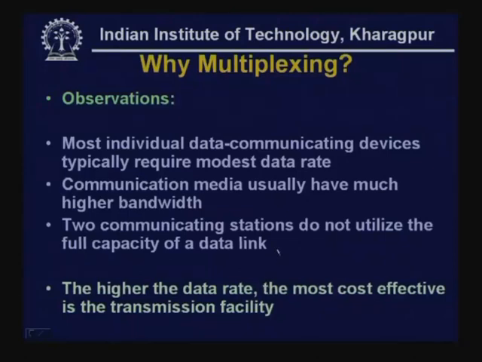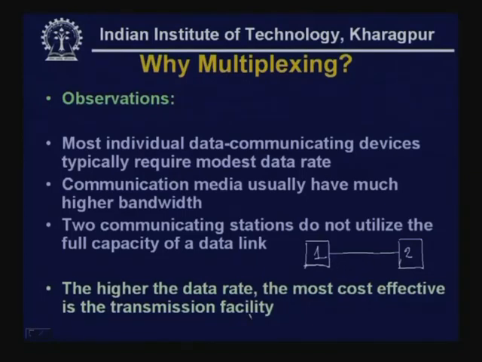On the other hand, individual users have lesser data to send, and as a consequence the two communicating stations do not utilize the full capacity of a data link. That means, if you have got two users, like say user 1 and user 2, and they are linked by a communication link, maybe optical fiber, coaxial cable or whatever it may be, they are not able to utilize the link capacity fully.